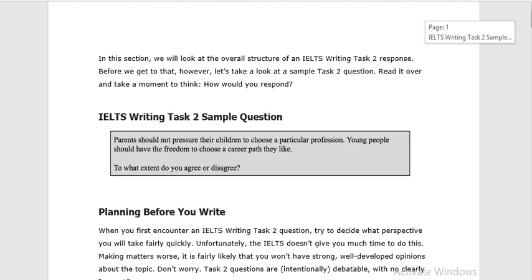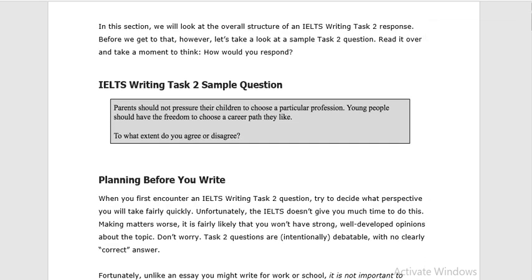This is, for example, what task 2 looks like. You will have a question: parents should not pressure their children to choose a particular profession. Young people should have the freedom to choose a career path they like. The questions will be similar to this; they will not ask a hard topic that specifically requires some kind of information.